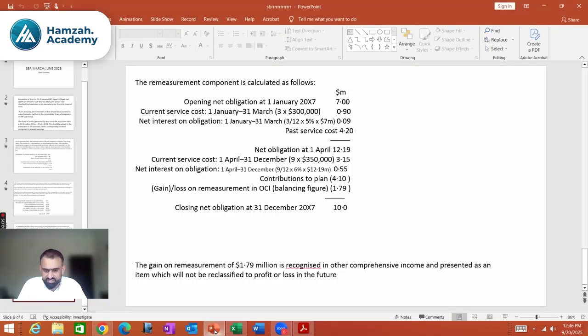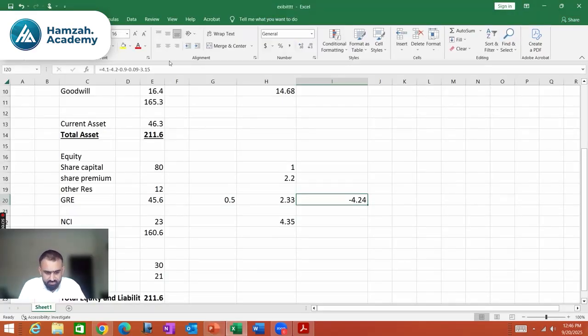Then next 9 month interest 0.55 will be debited in group retained earning, and the contribution is already adjusted by crediting the retained earning. As you can see here, I have already done it at the start.